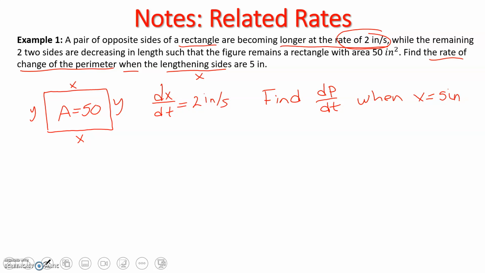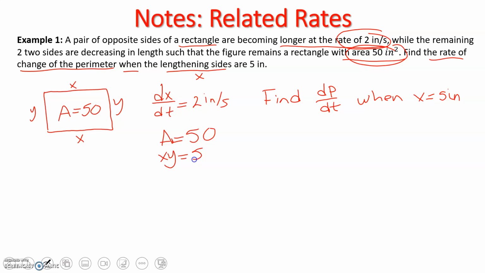Now, in order to find this, we need some equations. We need an equation that relates what we know and what we want. Well, we do know the area. The area has to be 50. So we know that the area, which mathematically is length times width, is 50. And we know that area is x times y.